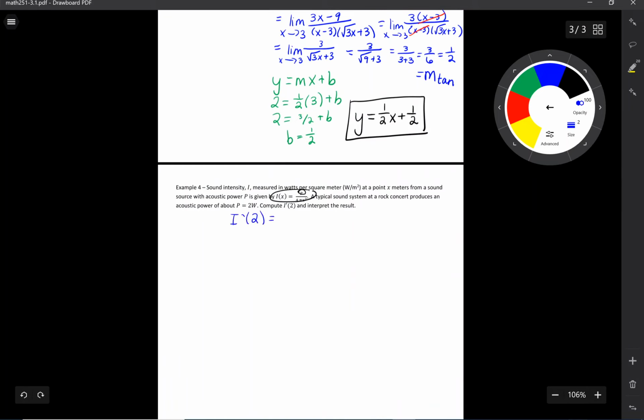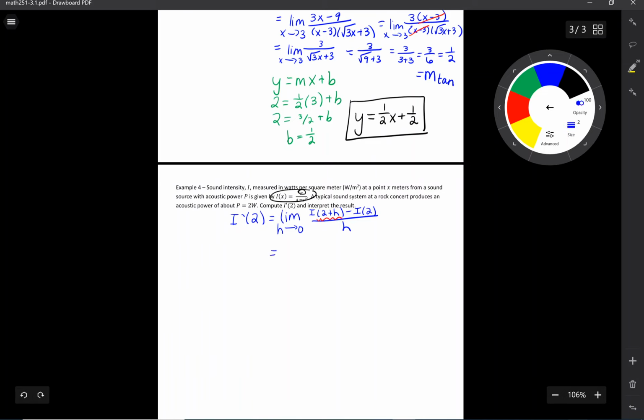And according to our definition of how to find derivatives, using the second definition, this is equal to the limit as h goes to 0 of I of 2 plus h minus I of 2 over h.